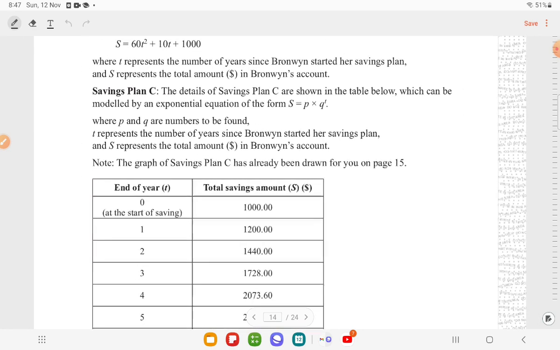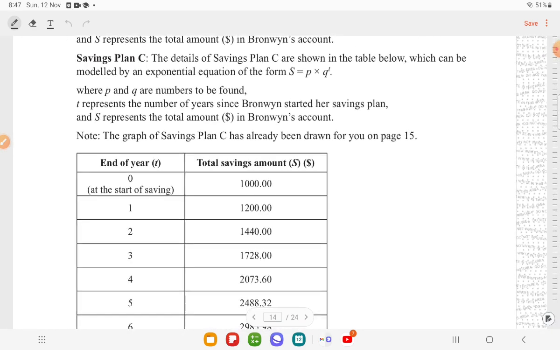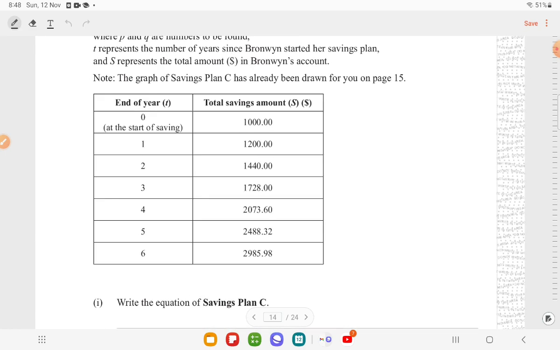The details of savings plan C are shown in the table below, which can be modeled by an exponential equation of the form S equals P times Q to the T, where P and Q are numbers to be found. T represents the number of years since Bronwyn started her savings, and S represents the total amount in Bronwyn's account. The graph of savings plan C has already been drawn on page 15.